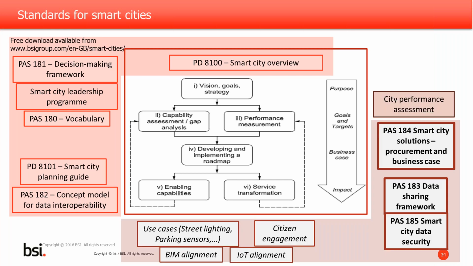More recently, we have produced standards around smart city data security, so PAS 185, which builds on the work of PAS 1192 Part 5, the BIM security-minded approach document, to try and ensure that the security aspects within a digital environment within cities are considered, because obviously the implications there could be quite significant. These standards are very much aimed at the strategic level within cities.